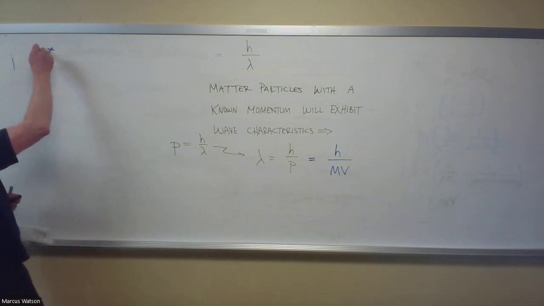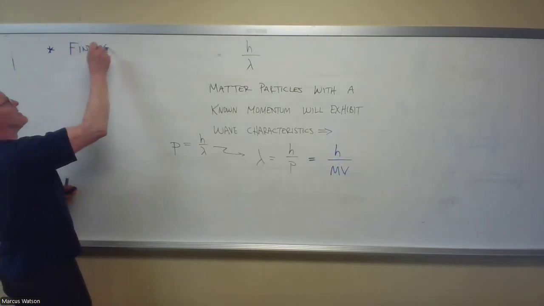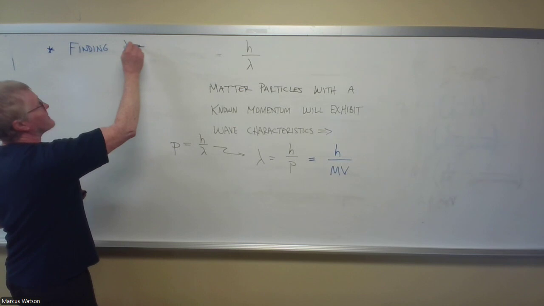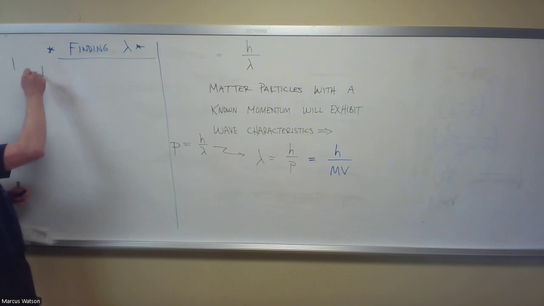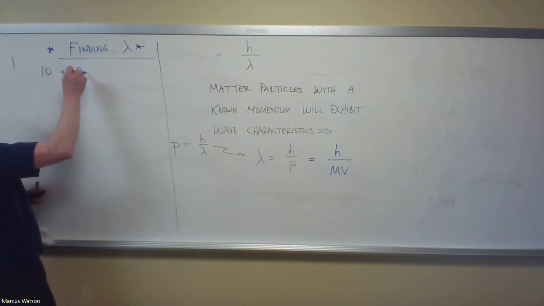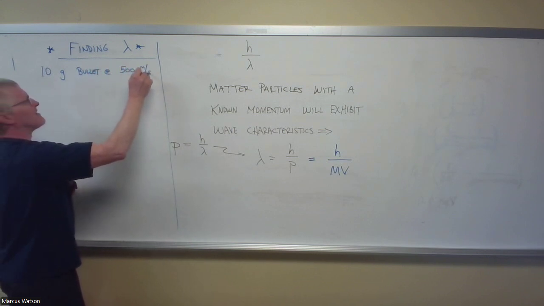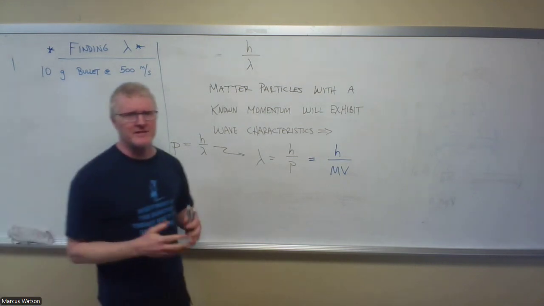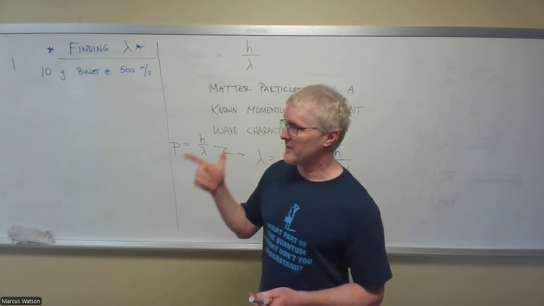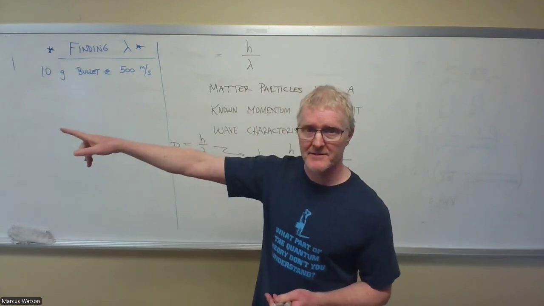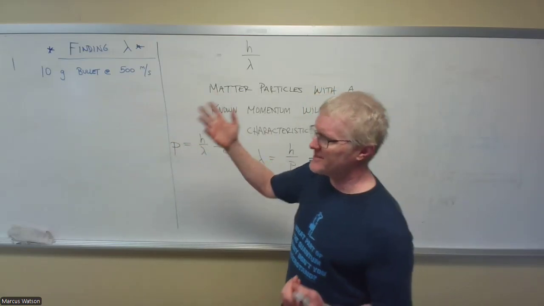Let's start here with finding lambda. I said, why don't we just start off with a 10-gram bullet traveling 500 meters per second? That's something that's got momentum, right? You shoot it, it's going fast. It's going faster than the speed of sound, and it's only 10 grams.